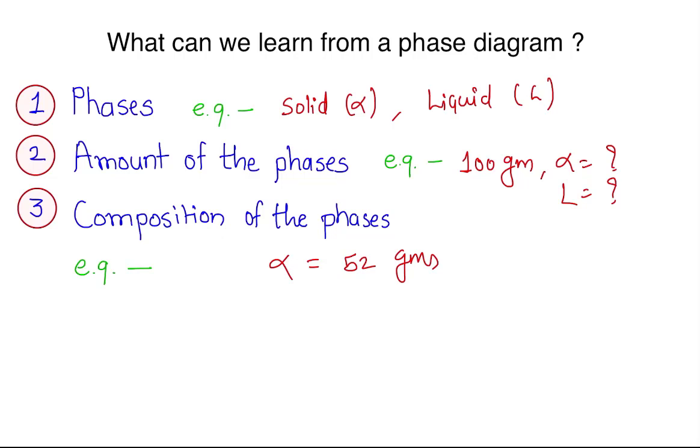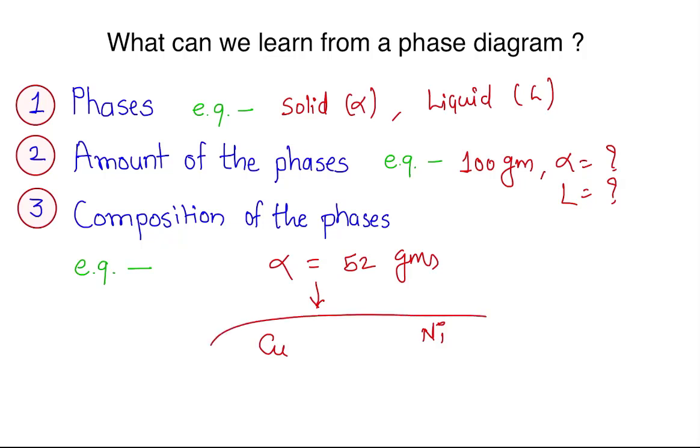So first one, phases. In the above phase diagram we have seen two phases, one is solid and one is liquid. Amount of phases: for example, we have taken 100 gram of alloy, how much is in liquid state and how much is in solid state. This we can tell from the phase diagram. And composition of the phases: if we have 52 grams alpha, in alpha we have Cu and nickel, that is a solid phase.